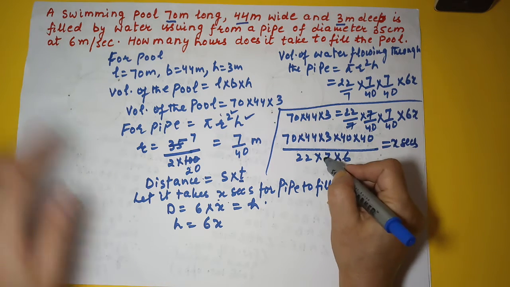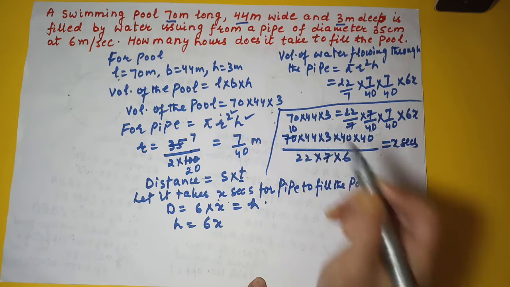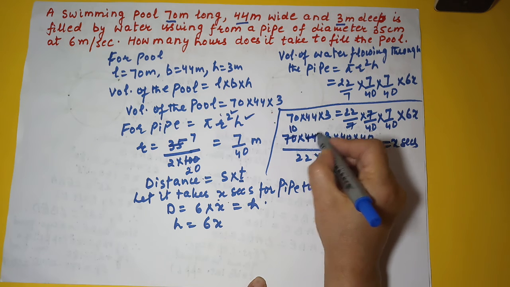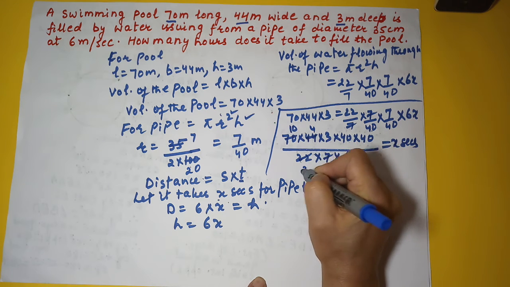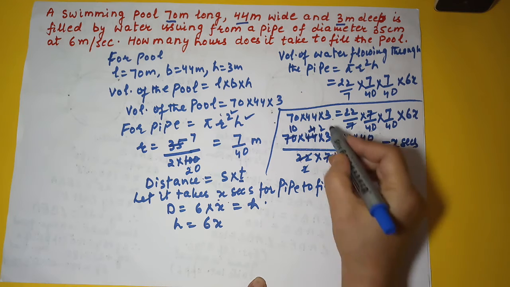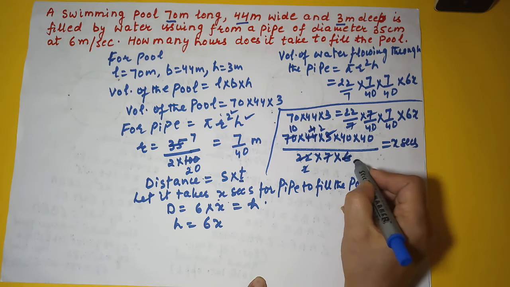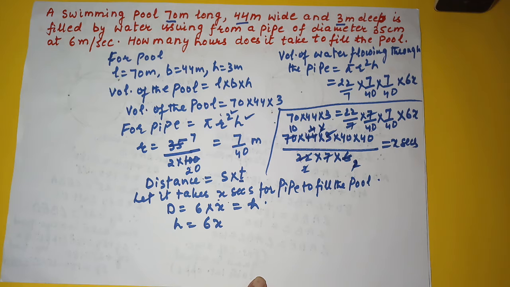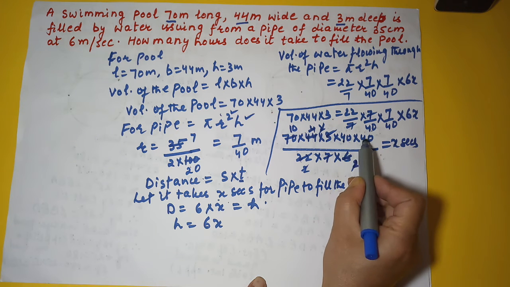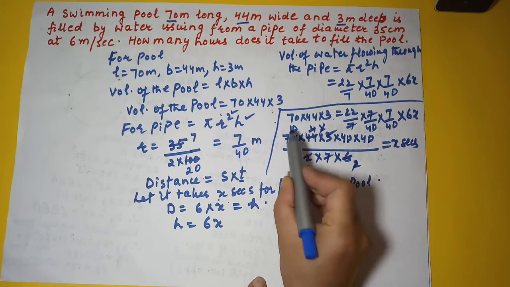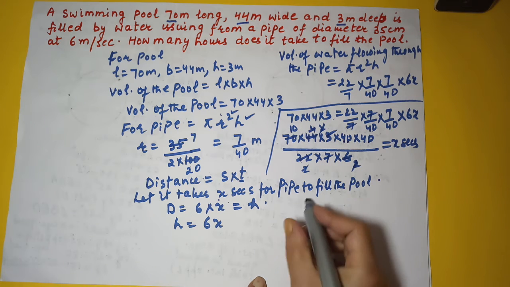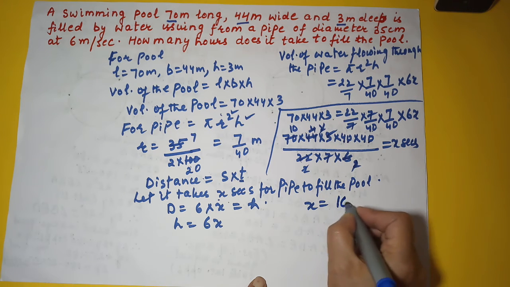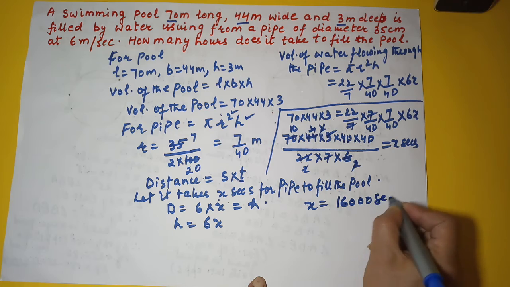So 7 tens are 70, 11 fours are 44, and the twos cancel. So finally I am left with 4 fours are 16 and 1 2 and 3 zeros. So my x is equal to 1 2 3 seconds.